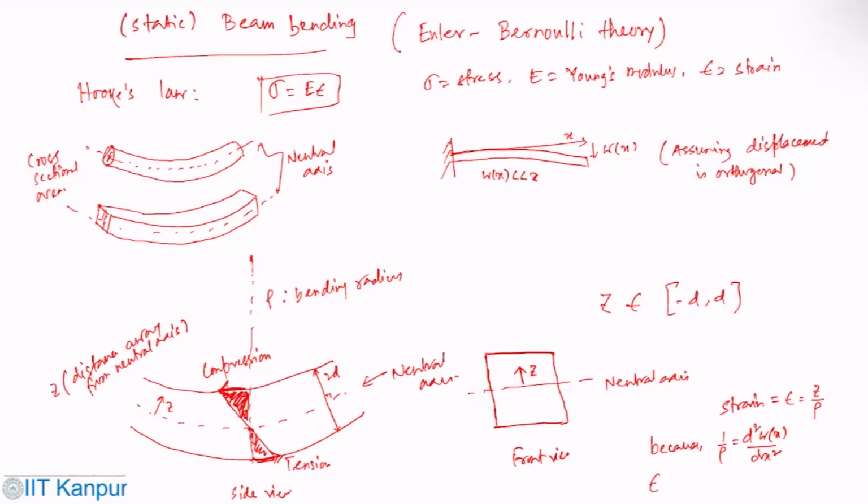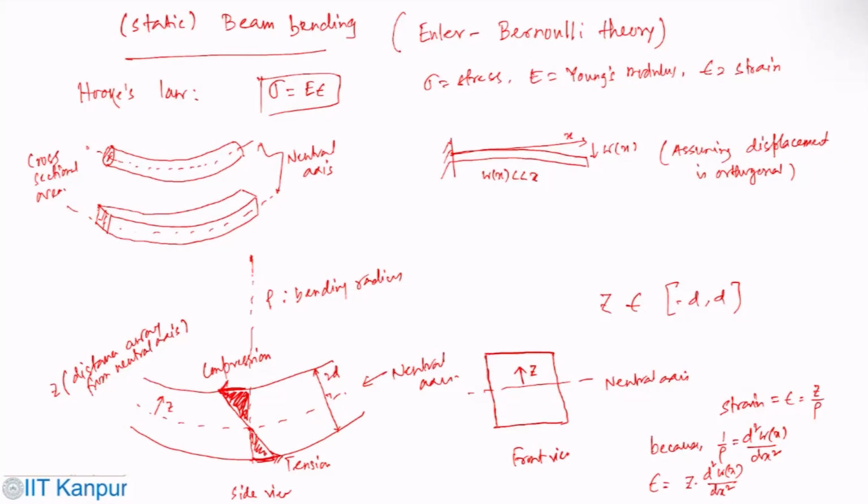So what we get, epsilon equals Z into d2 Wx by dx2. Okay.